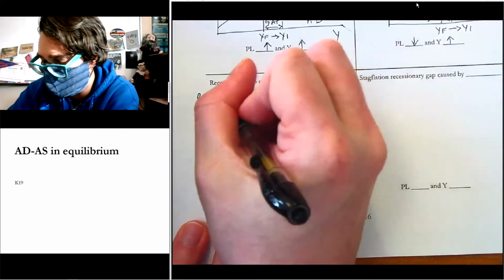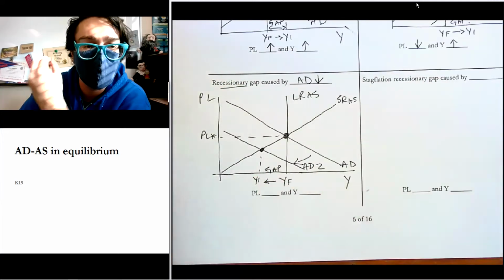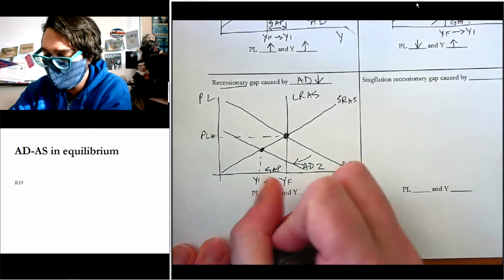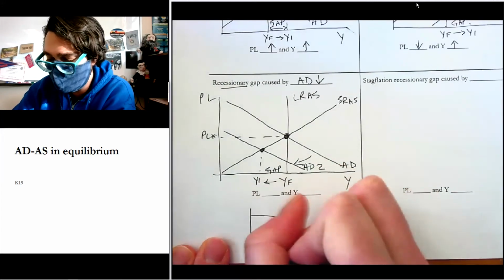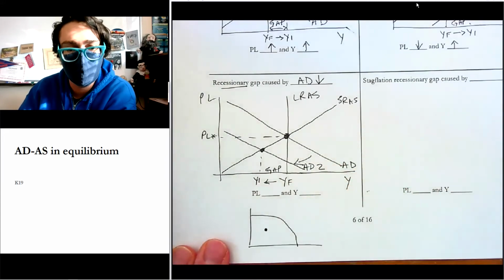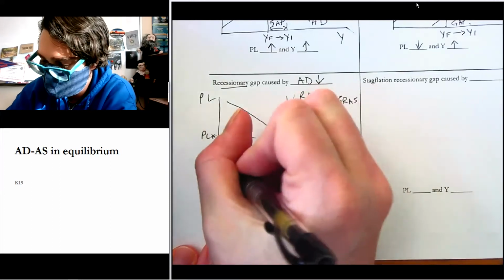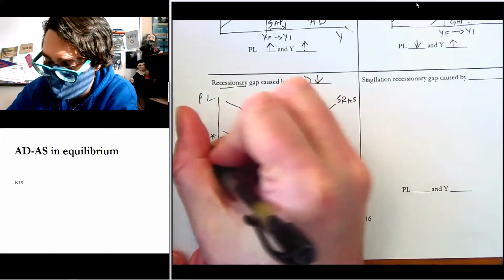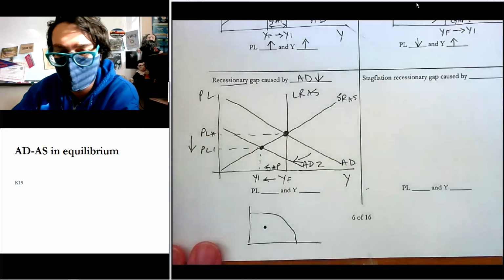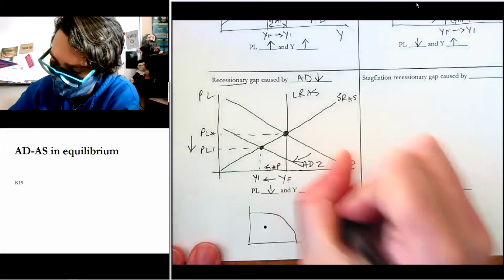That's what we call a recession, right? When our Y1 is less than the full level, that would correspond, if we had a PPC, to a point like inside the curve. That's what that kind of means there. Now, if the scenario happens where AD goes down, price level and output will both go down. So that one's not too bad.